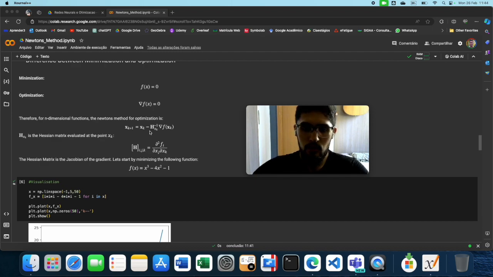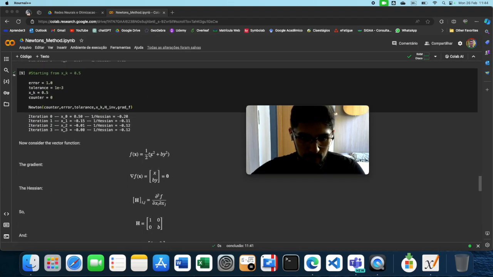It's not so simple. We are updating our first estimate in a certain direction, which is the opposite direction of the gradient of the function f. And this is very, very important, because look at this image right here.